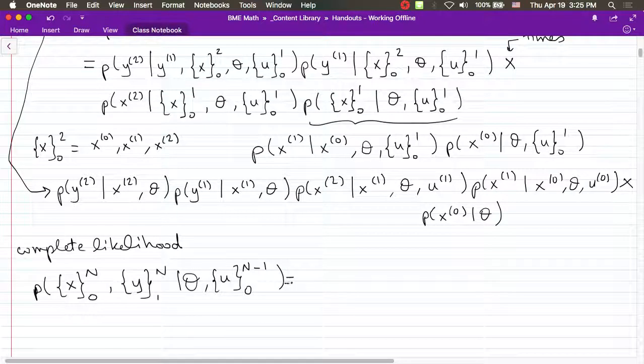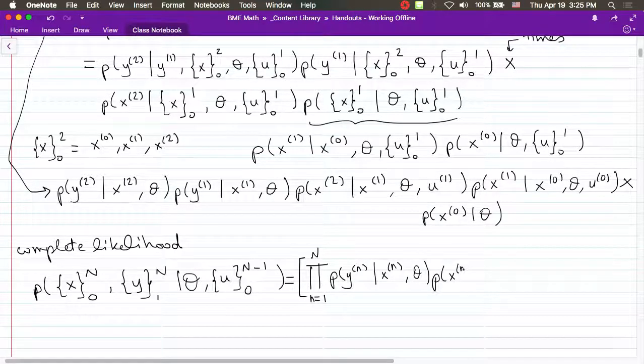What we've found is that we can write this as the following. Multiplication, this term from above, from n equal to 1 to n, p of y of n given x of n, theta. Second term, p of x of n given x of n minus 1 and theta.